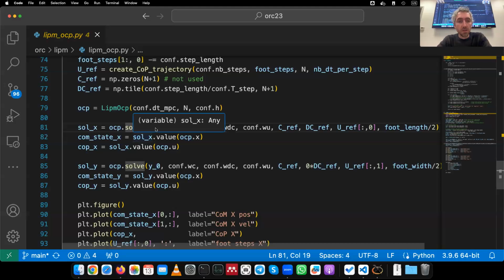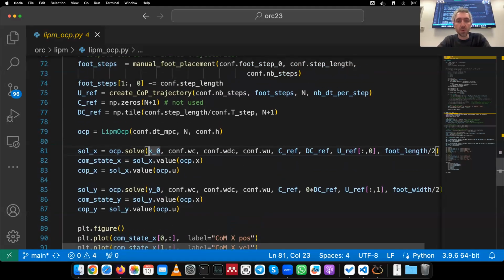So when we call the solve function, we need to specify the initial state of the center of mass, x0. Then we have these three parameters, WC, WDC, WU, which are the weights of the three components of the cost function. So the reference tracking error for the center of mass position, velocity, and center of pressure. So these parameters are defined in the configuration file, which we can open in a moment.